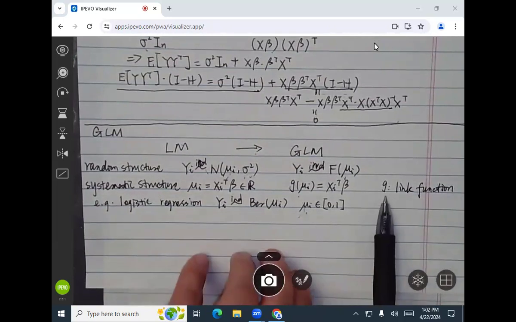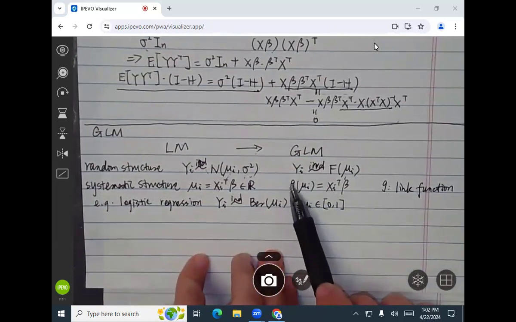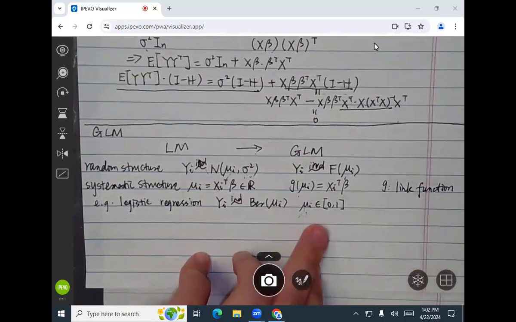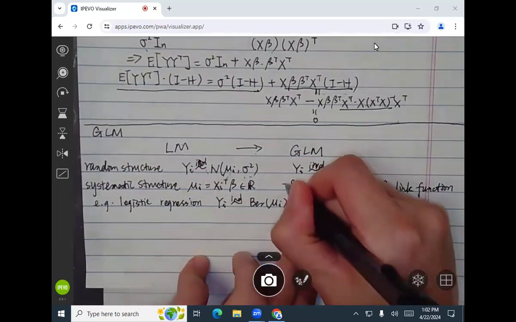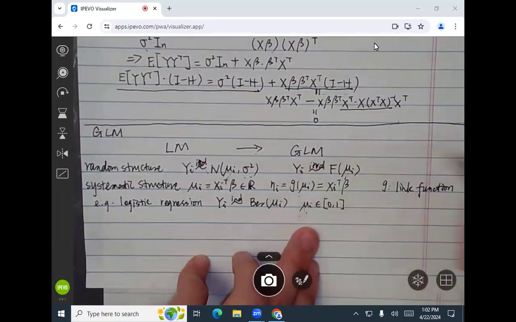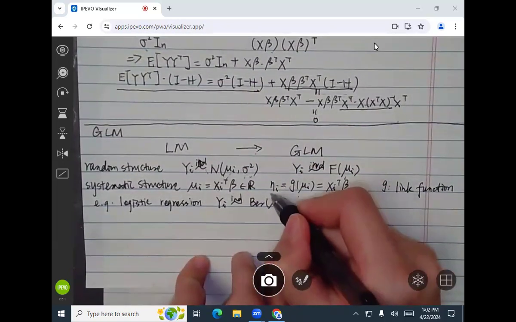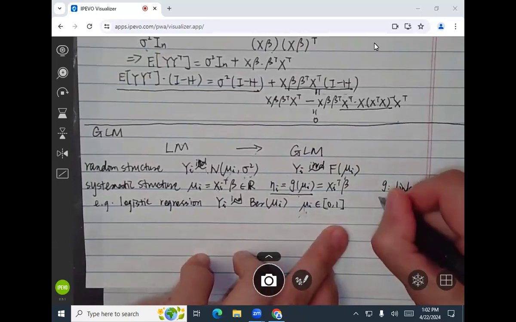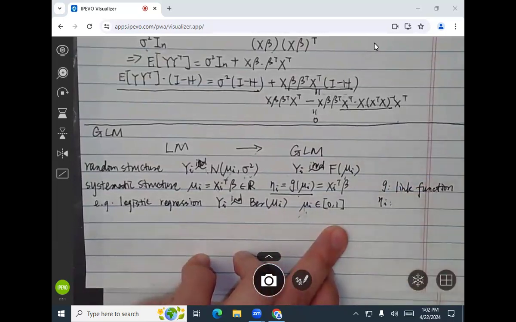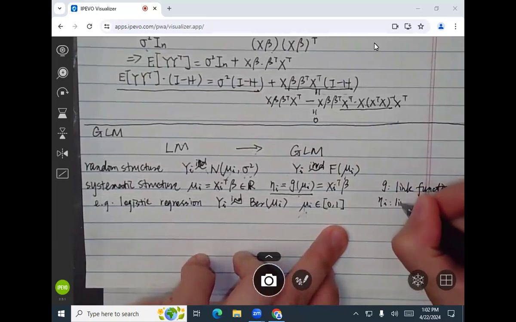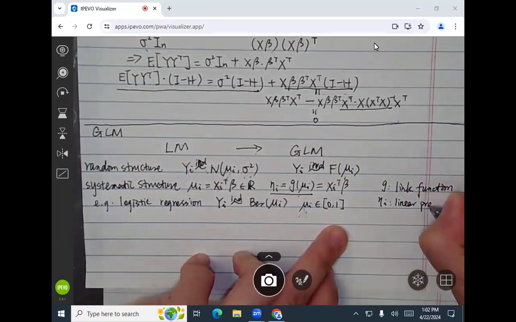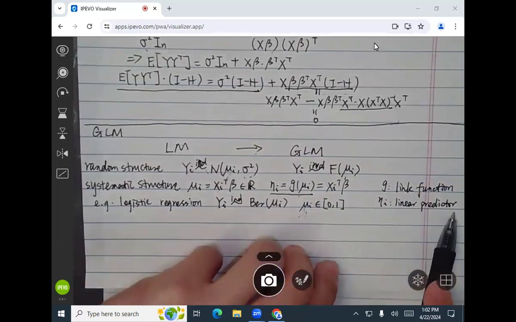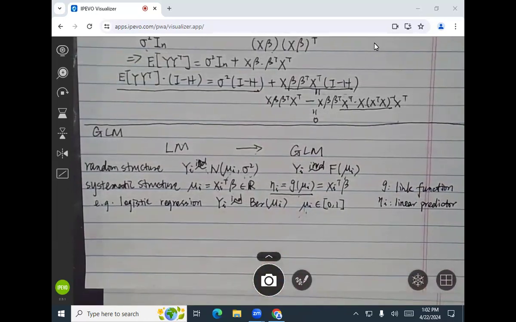In many cases, we further give g of mu i a notation. We can call this eta i. You just give g of mu i a notation for simplicity, and this eta i is called the linear predictor. You will also see this term a lot in the generalized linear model framework.